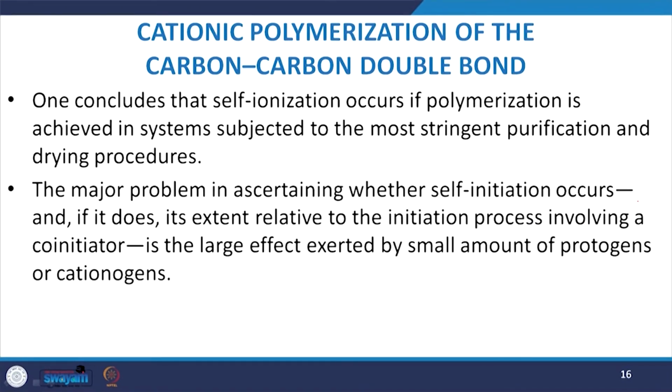So, one can conclude that self-ionization occurs if polymerization is achieved in a system that is subjected to the most stringent purification and drying protocols. The major problem people face is ascertaining whether self-initiation occurs and, if it does, its extent relative to the initiation process involving a co-initiator.